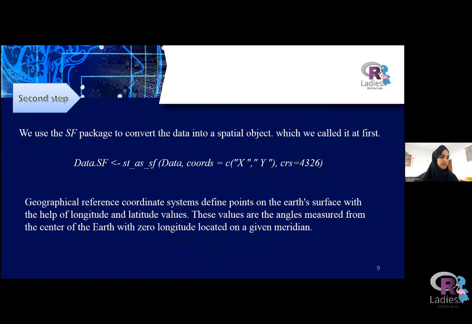Coordinates are the X and Y columns of our data, and CRS is latitude and longitude. Geographical reference coordinate systems define points on the Earth's surface with the help of longitude and latitude values. These values are the angle measured from the center of the Earth, with zero longitude located on the given meridian.